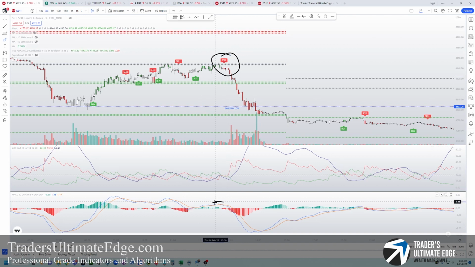The MACD here started to find a sell condition. So when these two things combined and they found confluence, this popped a sell condition here. That's what it does: when the ADX and the MACD line up, it will show a condition. In this case, it went down really nice.